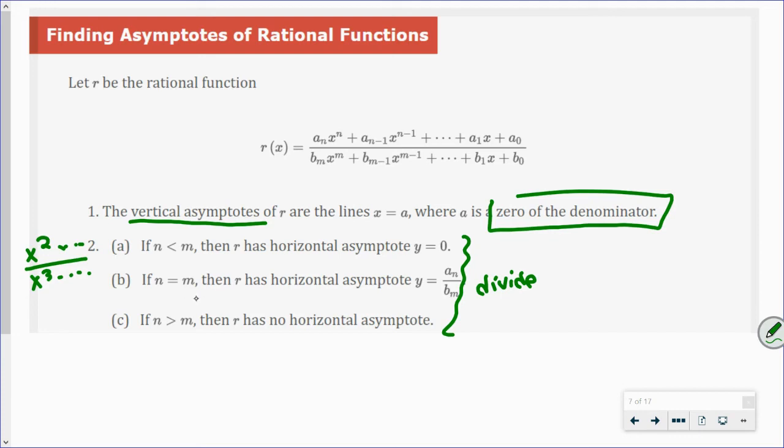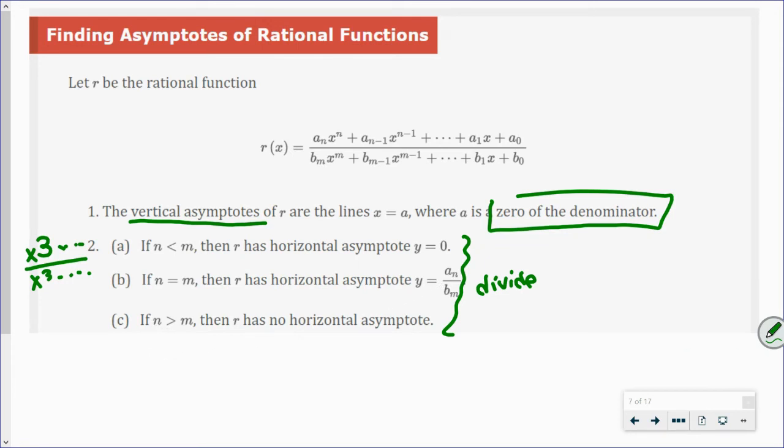If the degrees are the same, it says it's y equals your leading coefficients. Well, if the degrees are the same and you actually try to do the long division, then your one term up there at the top is going to be your leading coefficients over one another.